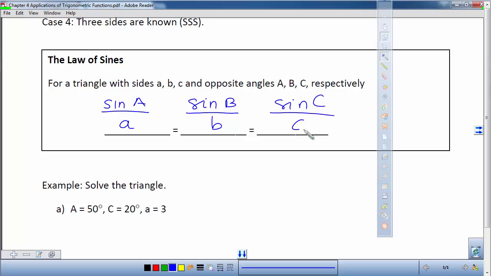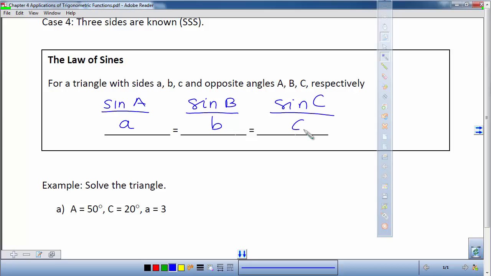Okay, that's the law of sines. All right, and the reciprocals are true. So we could flip this and say a over sine A is equal to b over sine B is equal to c over sine C. All right, so pretty simple rule, pretty simple law.